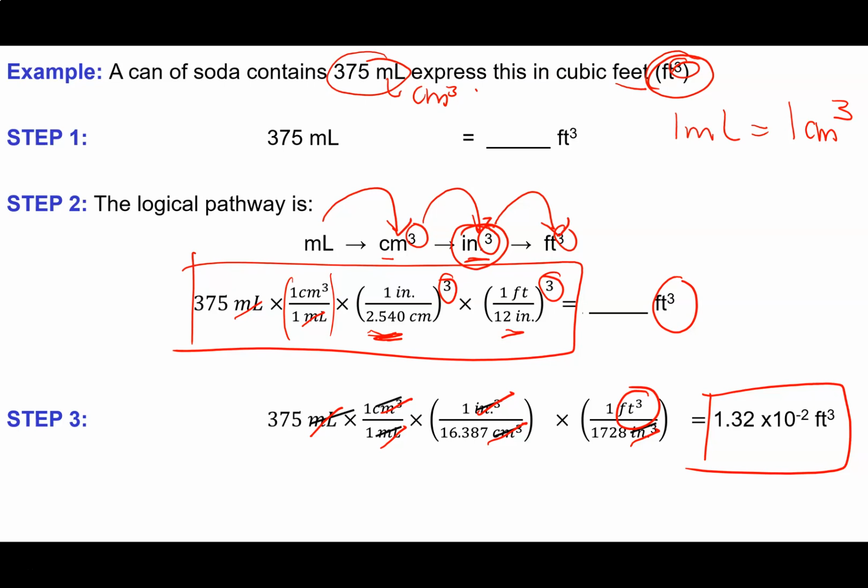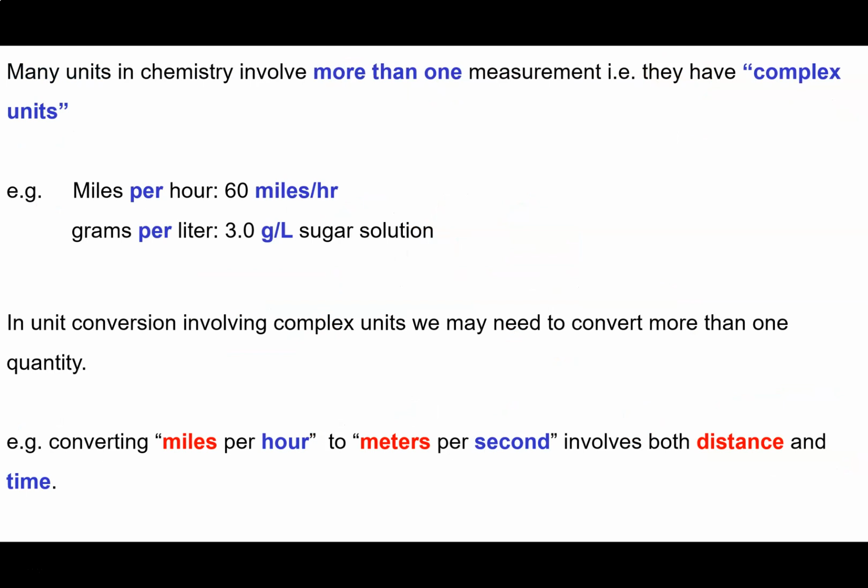Okay, so now we're going to get into some more complex conversion factors that have different types of quantities on the top and the bottom. So let's have a look at this. You've already encountered this. Many units in chemistry involve more than one type of measurement. That is, they have complex units.